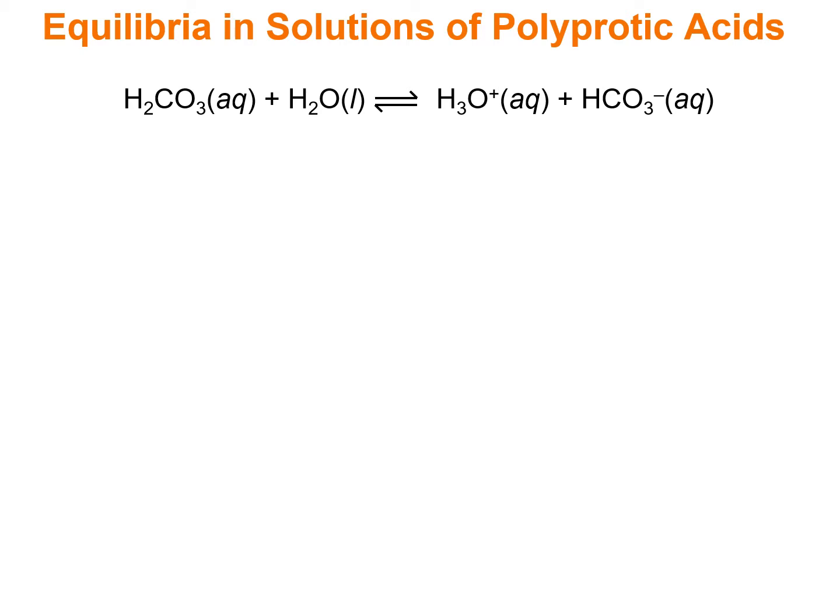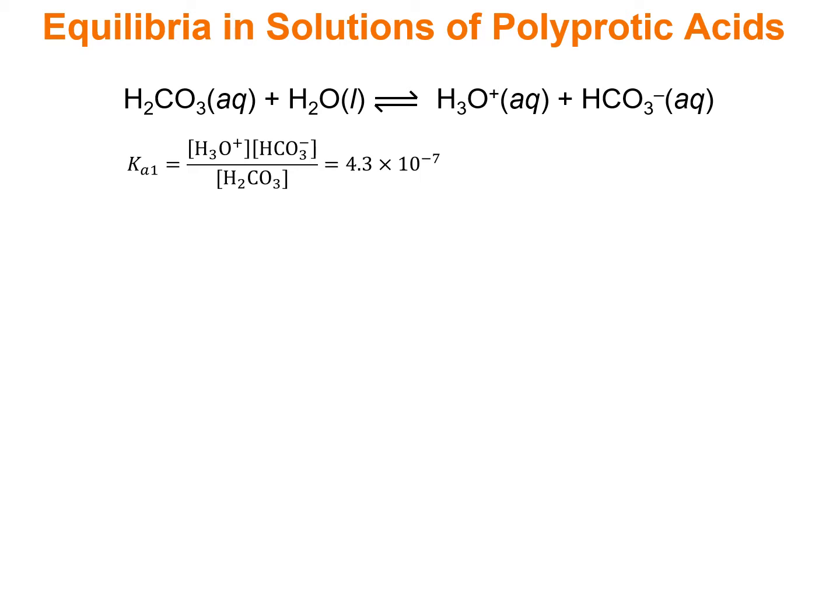So we're going to start here with carbonic acid, or H2CO3, reacting with water, and we see it undergo that first dissociation. If we wanted to come up with an equilibrium constant for it, notice we have the acid dissociation constant Ka, but it has a 1 right next to it, as we are talking about the first dissociation constant for this polyprotic acid.